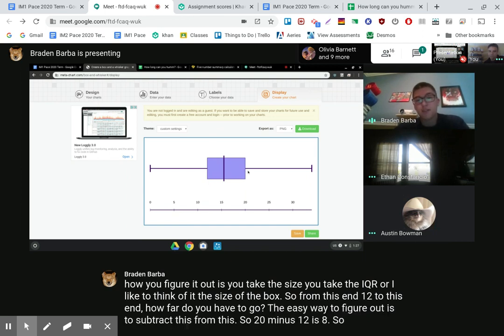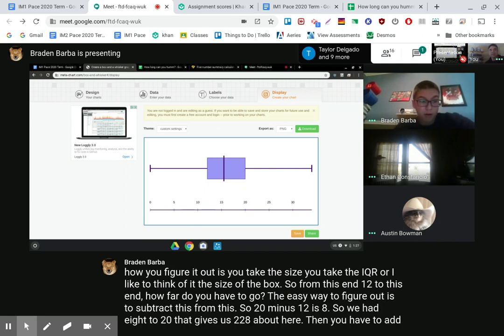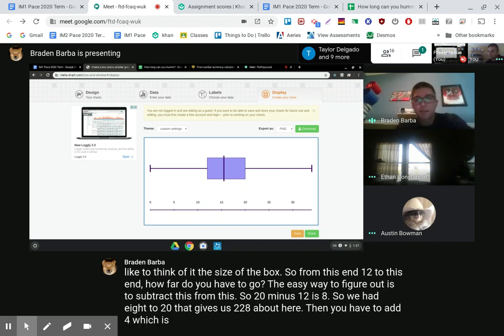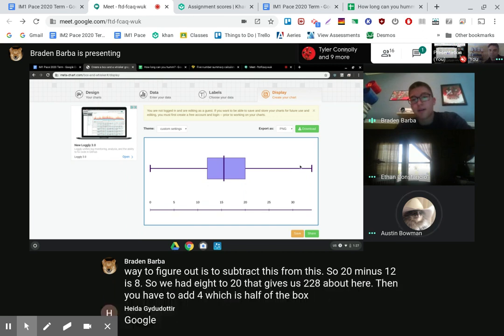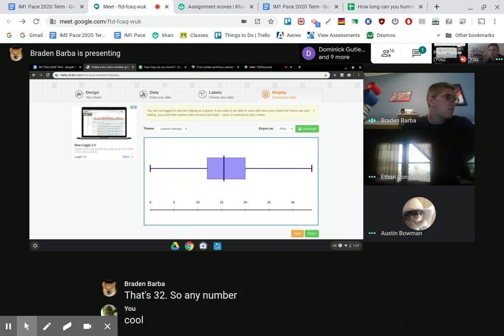So if we add 8 to 20, that gives us 28, about here. Then you have to add 4, which is half of the box, to get about here. And that's 32. So any number past 32 is an outlier, and 32 is the upper bound.